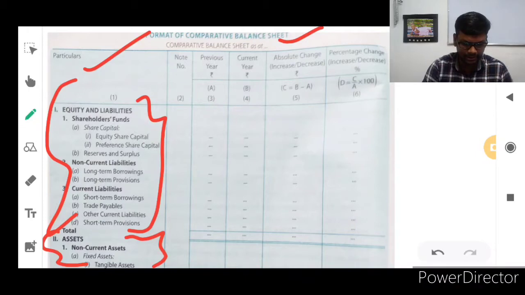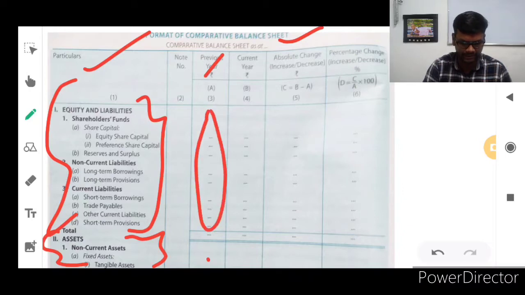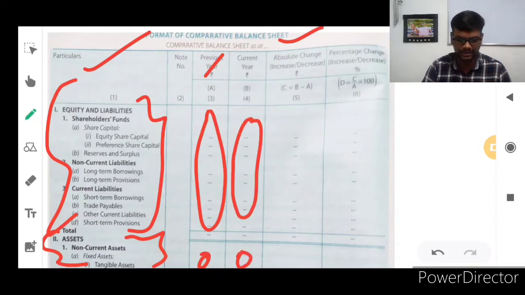And the previous year's balance sheet information for all liabilities and assets, and the current year amount for all liabilities and current year assets information available in the balance sheet.